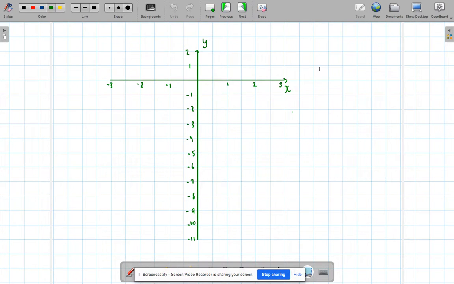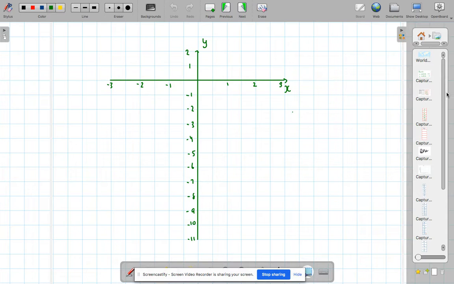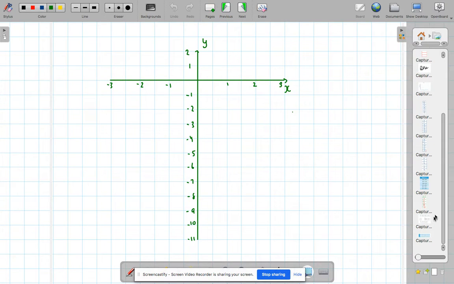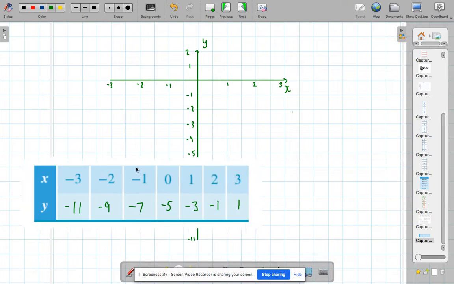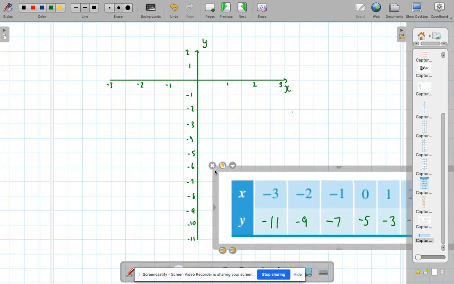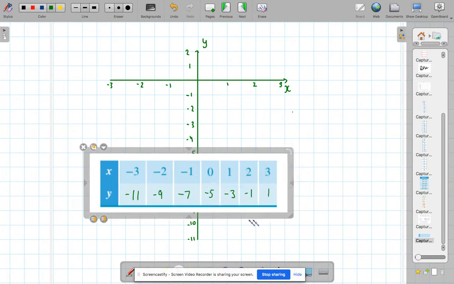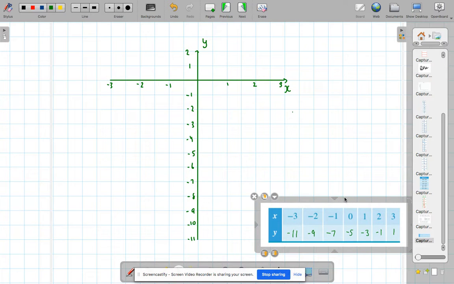Okay, so here's some axes that are set up. Now I think the one that I just did here can be dragged over to there. There it is. Okay, so there's the table. Just make it a little bit smaller so that it doesn't take up too much space. So there we go. So that's the table of values we just worked out.